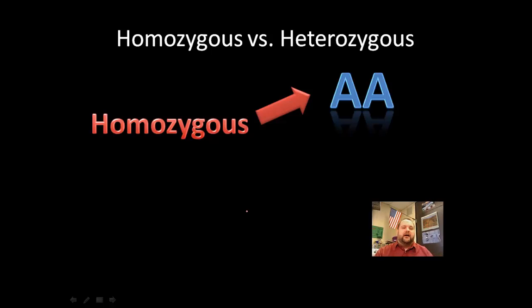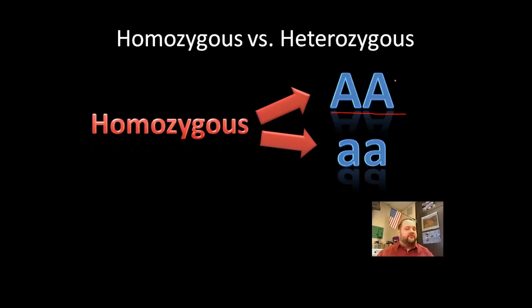So a homozygous dominant genotype would be big A, big A, because we have two of the same dominant alleles. Homozygous recessive looks like this, little a, little a. Two of the same alleles, but in this case they're the recessive alleles.